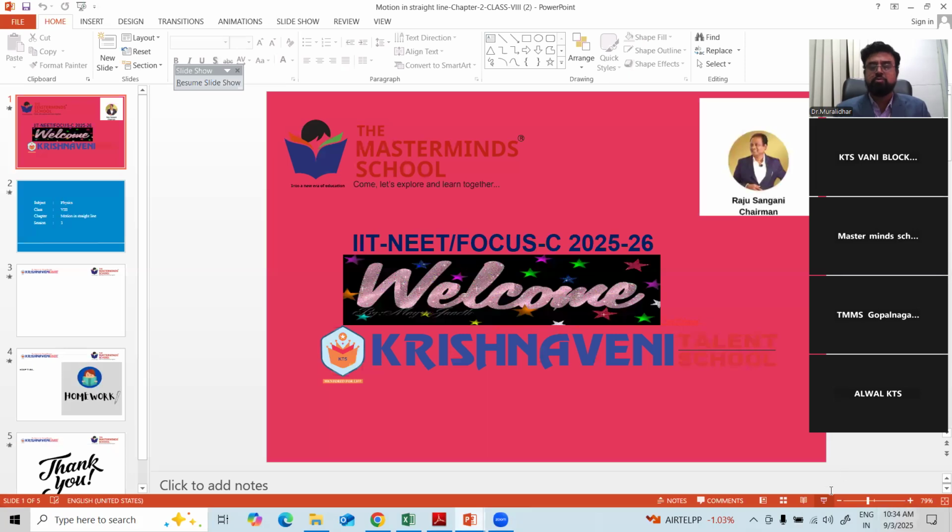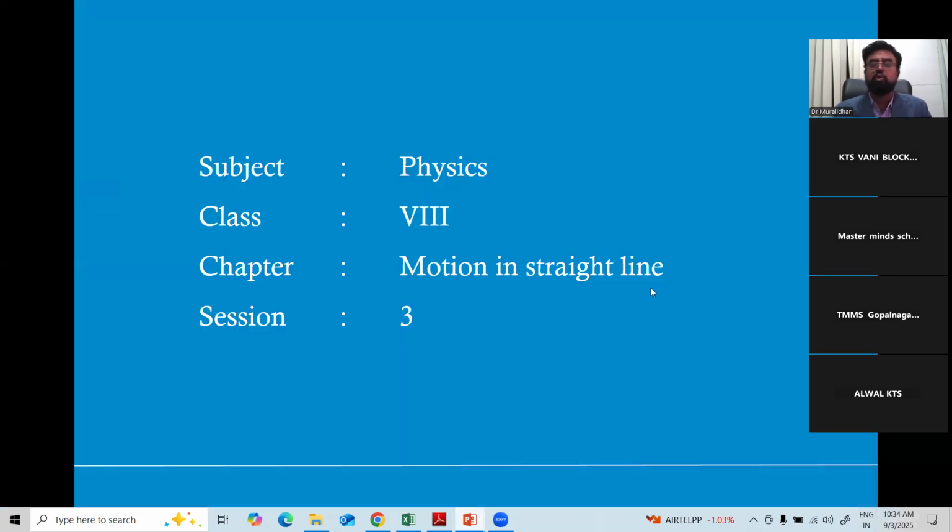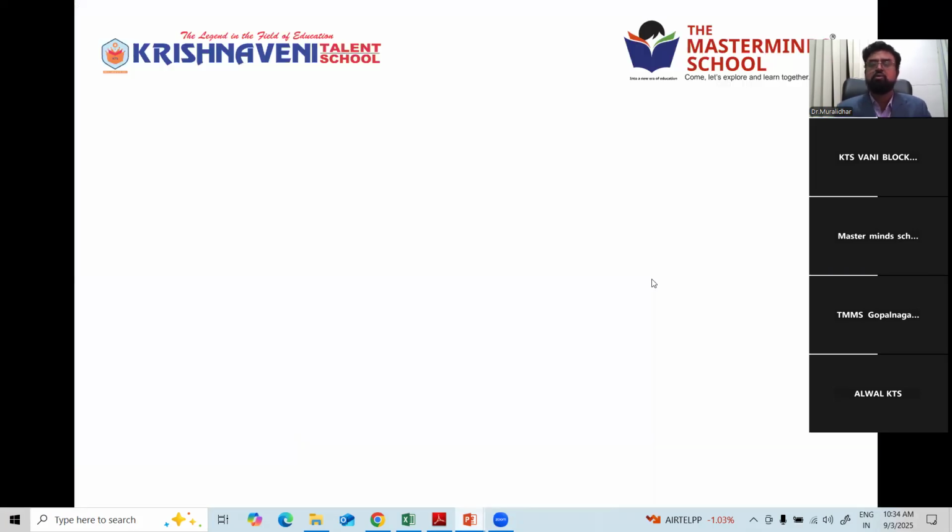So today what we learned is the entire chapter. We learned first about motion and time, complete motion and rest. After motion and rest, the types of motion. Then we covered the terminology of motion, like distance, displacement, acceleration, retardation, velocity, speed. Then the relationship between all these things, called equations of motion.